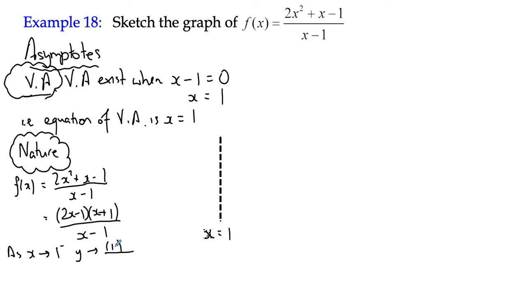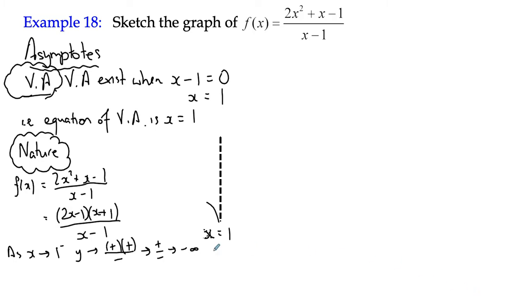If x is just less than 1, that second factor is going to be positive. And on the denominator, just less than 1, like 0.9, subtract 1 is going to be negative. So overall it's going to be positive divided by negative, so it's going to tend towards negative infinity. And that tells us that just to the left, just before 1, it's going to head down towards negative infinity like that.